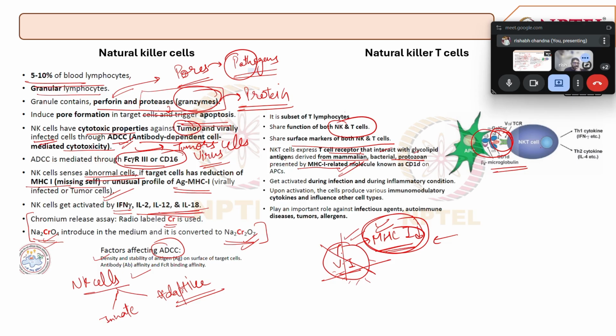Then they get activated during infection and during inflammatory conditions. Upon activation, they produce very immune modulatory cytokines and influence other cell types. For example, it leads to IFN gamma or IL-4. Then they play an important role against infectious agents, autoimmune diseases, tumors and allergens.